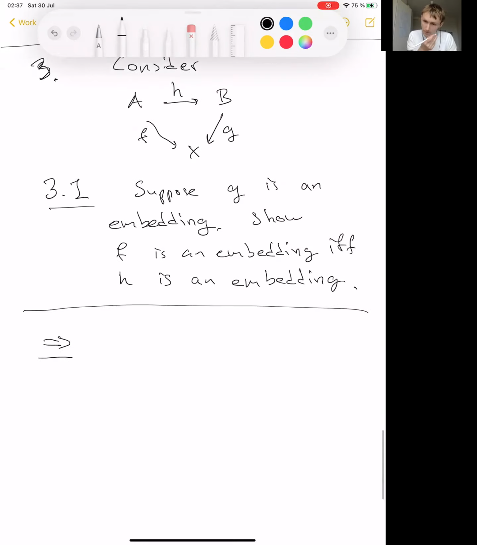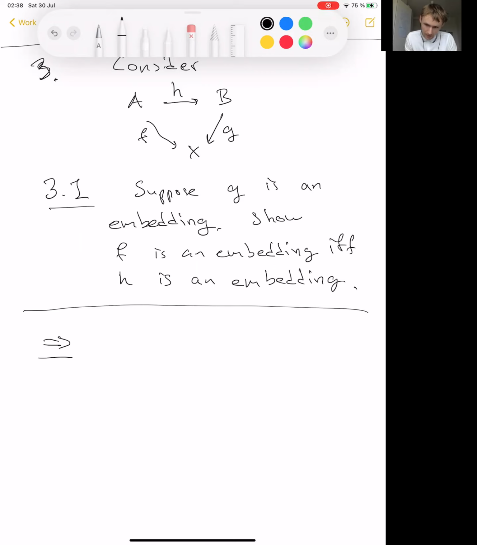So first of all, we suppose that G is an embedding. Sorry, what is it we're supposing again? I think I have a mistake in my notes here. We're supposing that G is an embedding. Okay, very good. So actually, this is going to be one of these cases where one diagram solves it all.